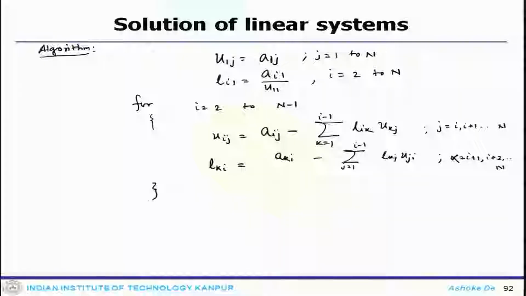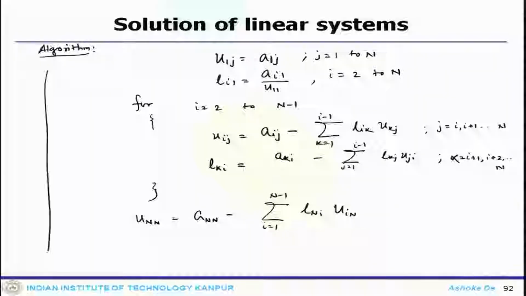So, that is where the loop closes, and finally you get unn equals ann minus the sum over i going to n minus 1 of Lni ui1. So, that is how the whole algorithm works.